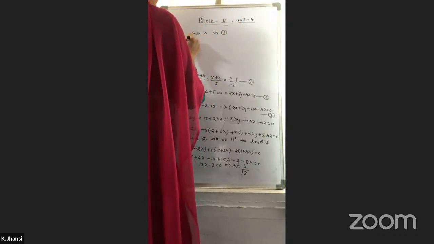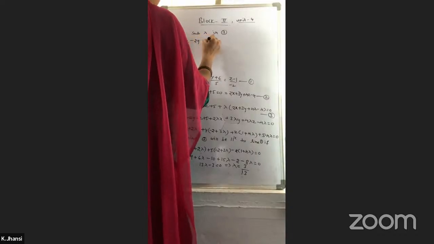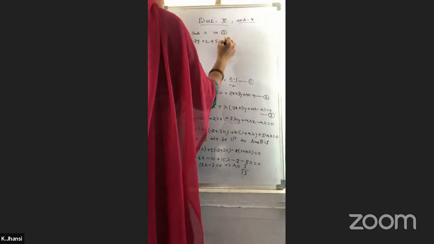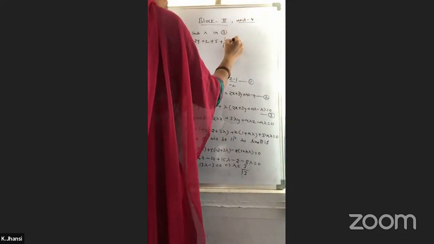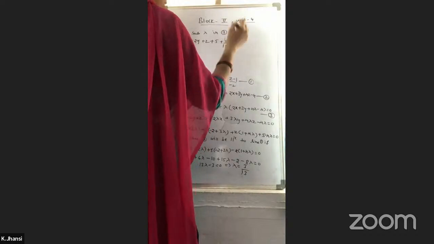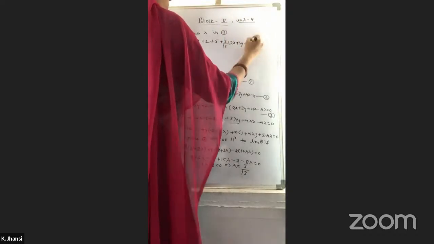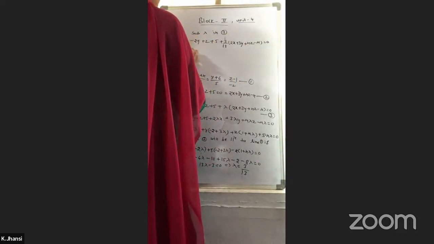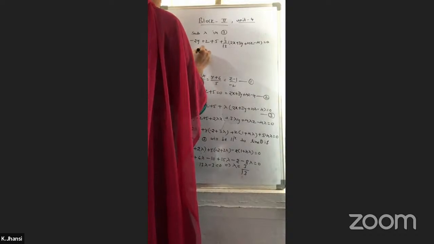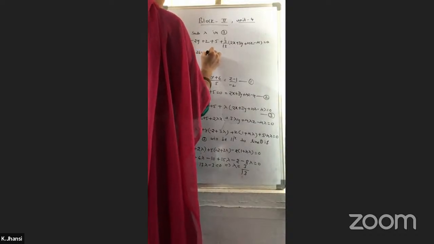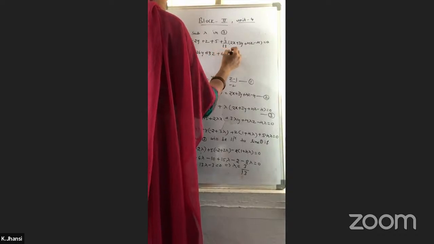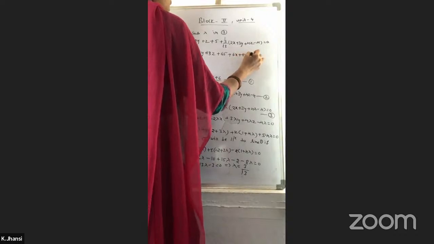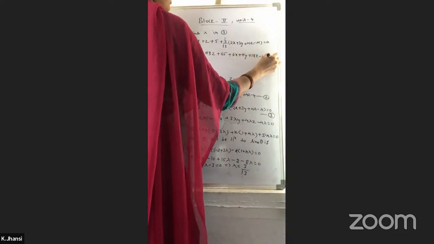So 3x minus 2y plus z plus 5 plus 3 by 13 into 2x plus 3y plus 4z minus 4 equals 0. When you do the cross multiplication, 13 3s are 39x minus 13 2s are 26y plus 13z plus 13 5s are 65 plus 3 2s are 6x plus 3 3s are 9y plus 12z plus 12 equals 0. Okay.